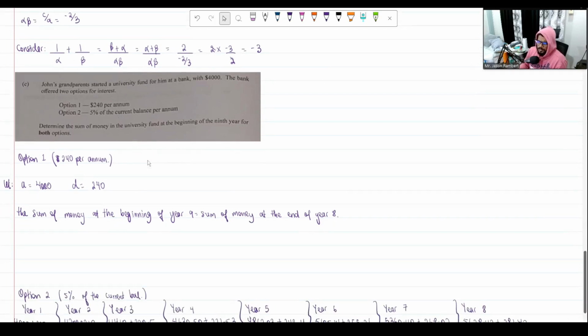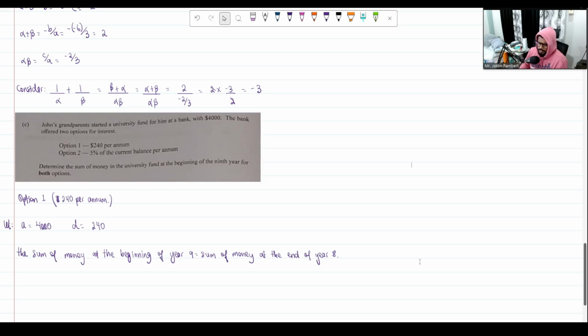Cool? So I wouldn't say sum, I'd say the amount. The amount of money at the beginning of the ninth year is equal to the amount of money at the end of year 8, which is going to be T sub 8. T sub n is equal to a plus n minus 1 times d.